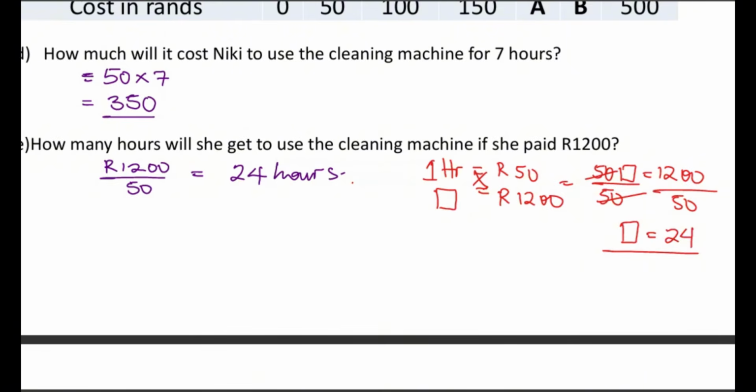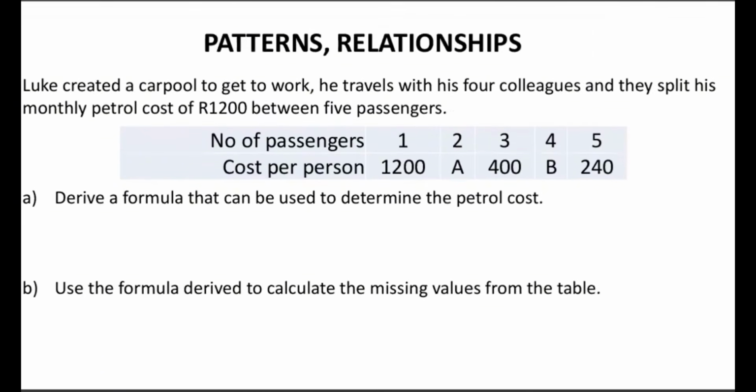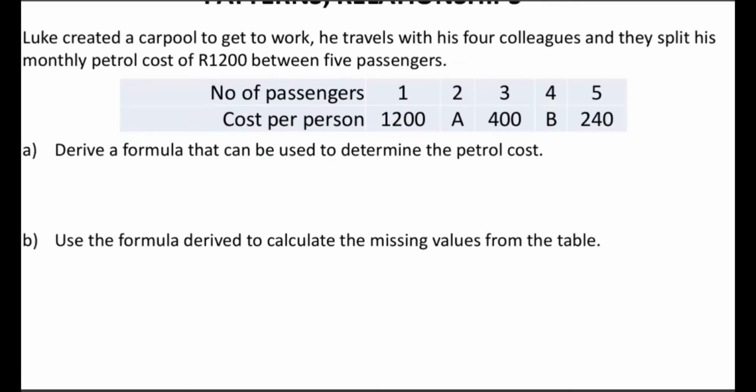Okay, we look at the other part, which says, another example is here. Luke created a carpool to get to work. He travels with his 4 colleagues and they split his monthly petrol cost of 1,200 between the 5 passengers. That means the maximum is 5 passengers.